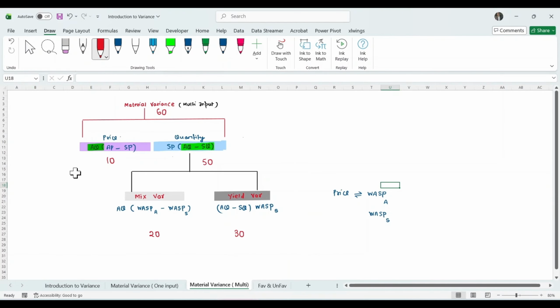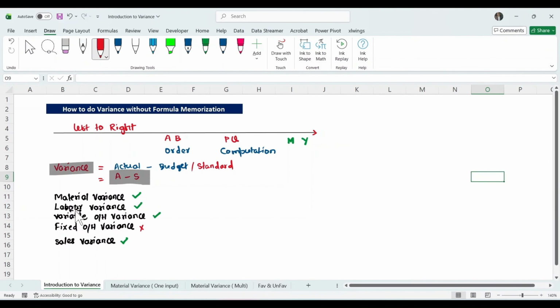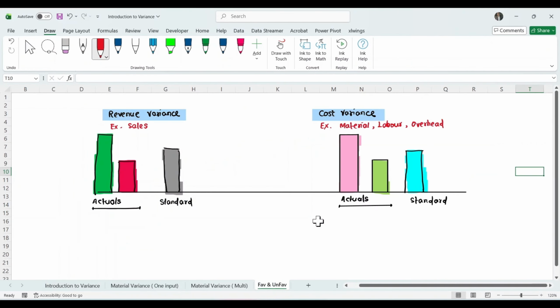Next important point, this is the only formula which will be applicable across all material, labor, sales, variable overhead, everywhere. One more thing we need to understand: the variance formula is actual minus standard. So when the actual cost is low, let's say this is 80, this is 100, and this is higher, meaning 120, actual minus standard will be minus 20.